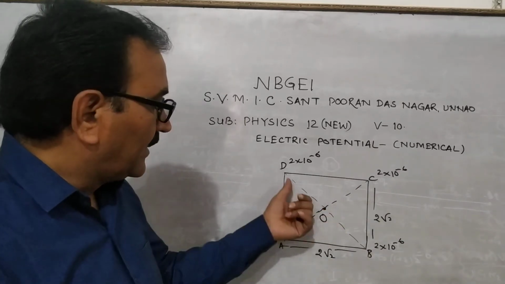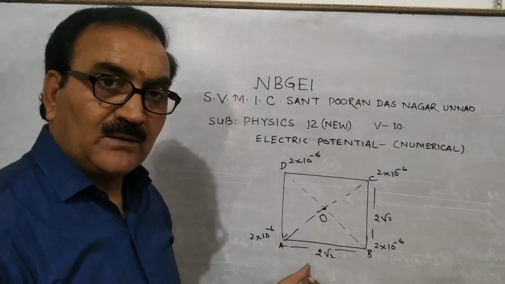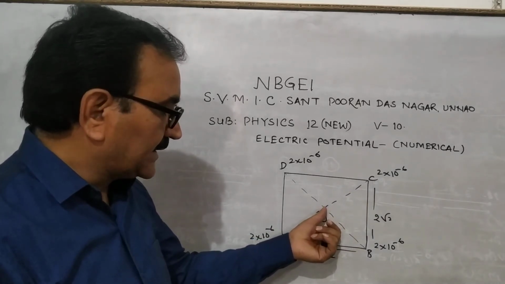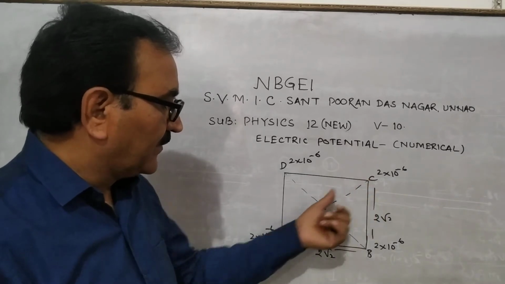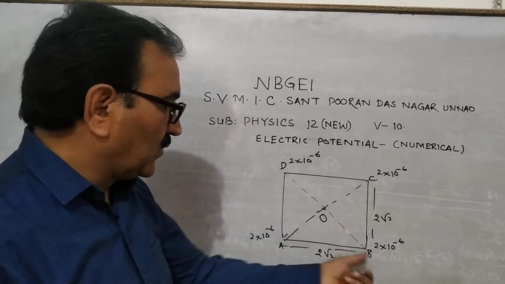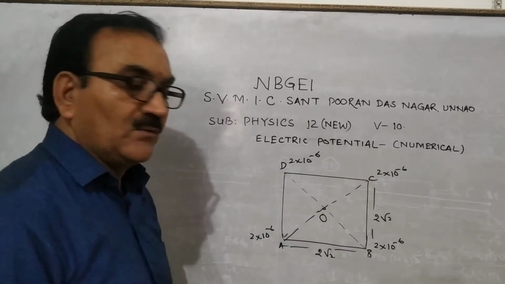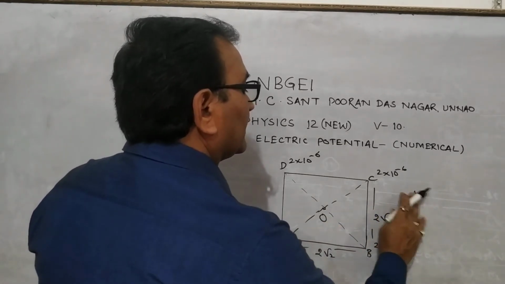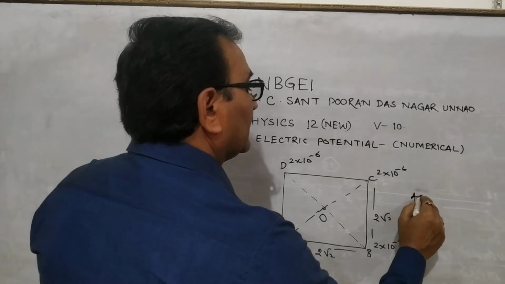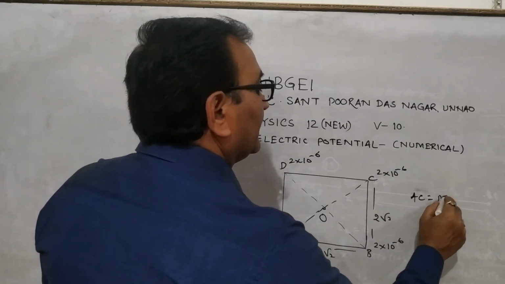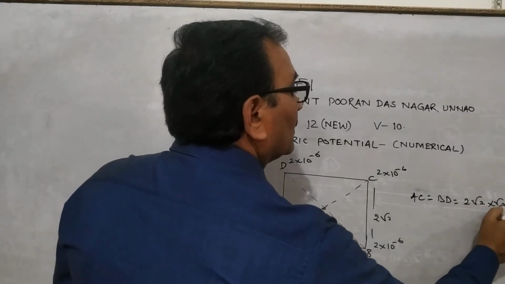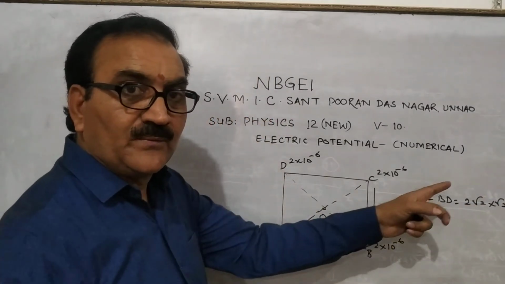Since diagonals are equal, the distances from the intersecting point to each corner, OC, OA, OD and OB, will be equal. So first calculate AC is equal to BD, that is 2 root 2 into root 2, side root 2.